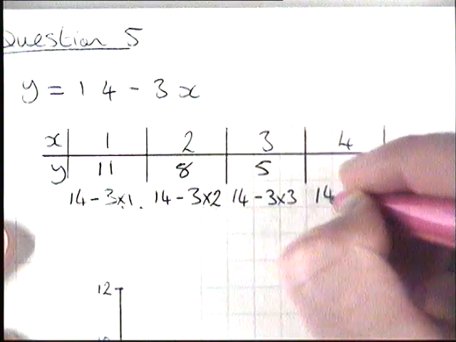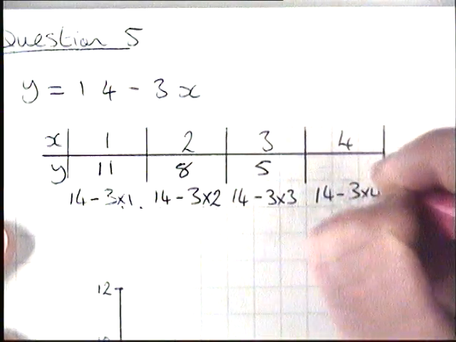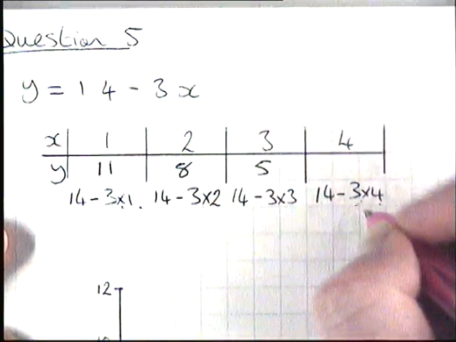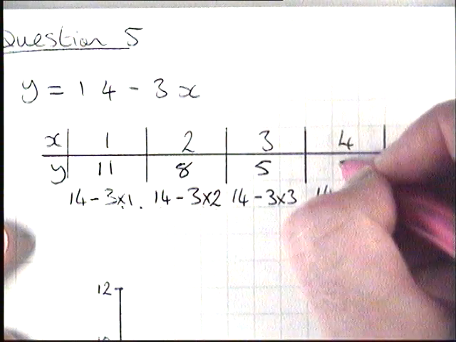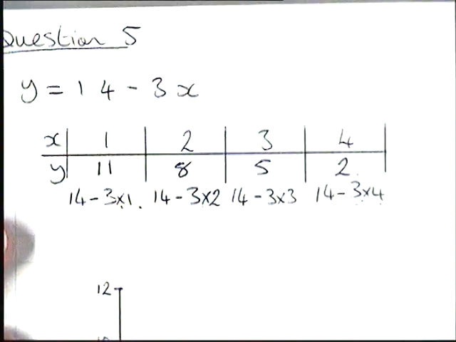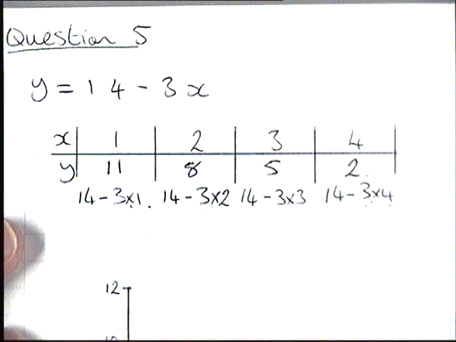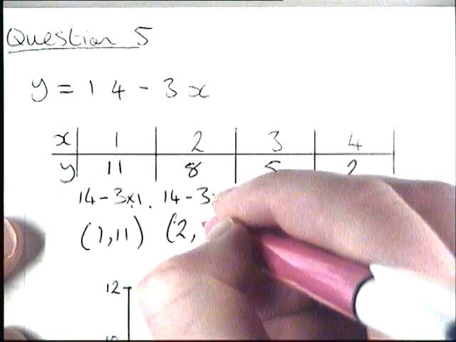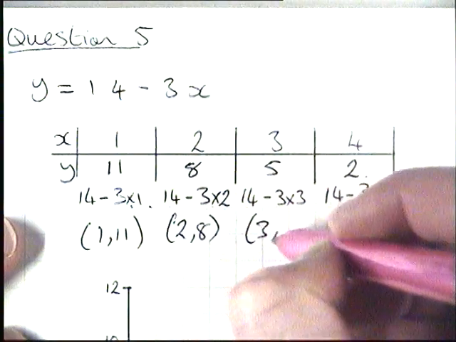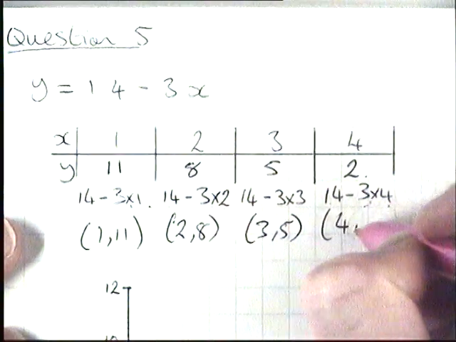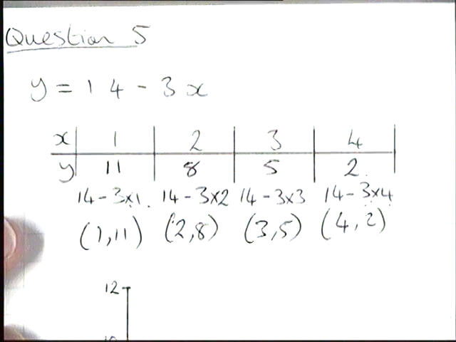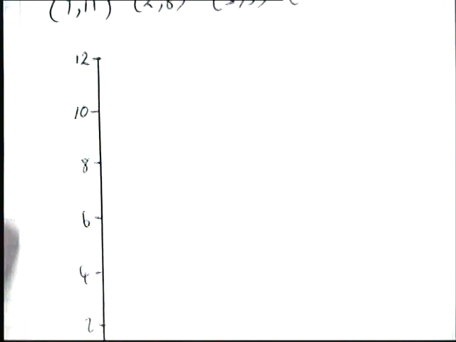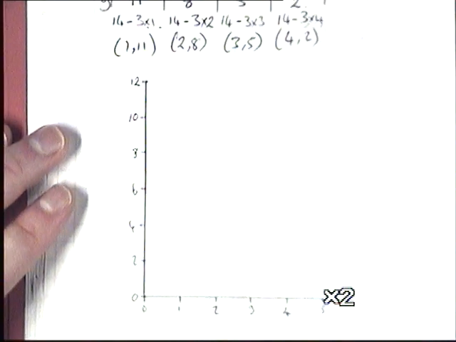And last one, we've got 14 minus 3 times 4. 3 times 4 is 12. 14 take away 12 leaves us with 2. So again, that generates your coordinates. So we've got 1, 11, 2, 8, 3, 5, 4, 2. And we'll plot those on our axes again.